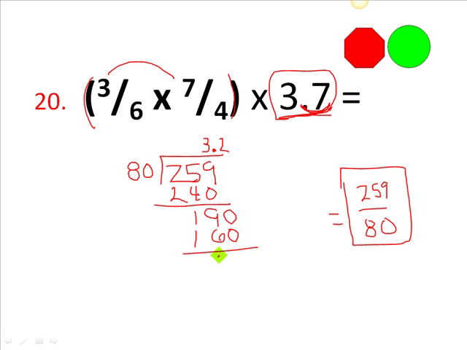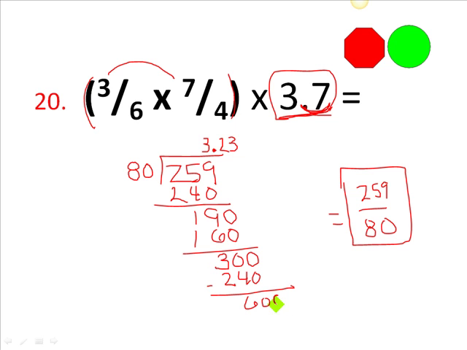And that leaves me with 30 left over. 80 will not go into 30, but it will go into 300. 80 times 3 is 240. Leaves me with, I'm doing some subtraction here, 60.